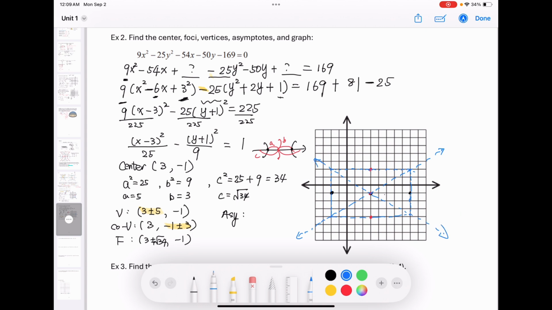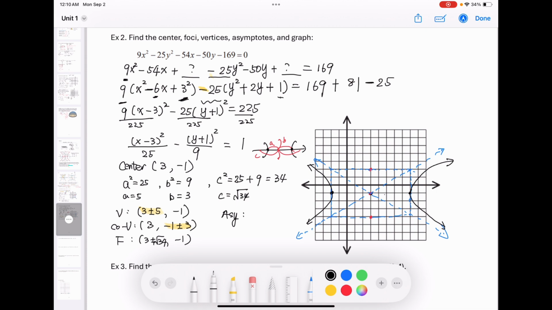And what else? Oh, I need my graph, because my graph goes through the vertices and then gets close to, or approaches, the asymptotes.